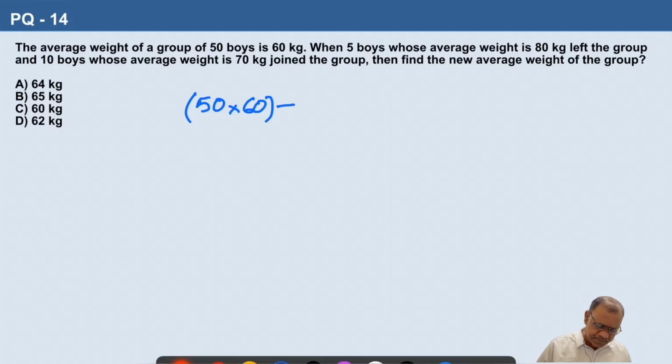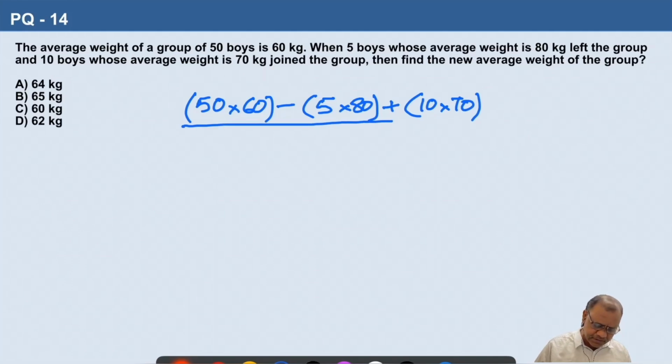Left means we have to subtract 5 into 80. And 10 boys whose average weight is 70 joined the group, so we should add 10 into 70.